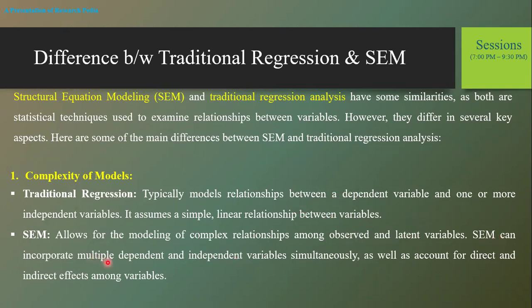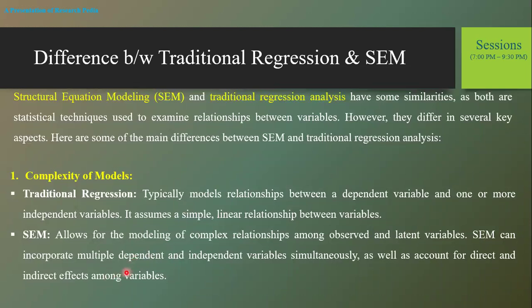SEM can incorporate multiple dependent and independent variables simultaneously, as well as account for direct and indirect effects. In regression, you may be considering one dependent variable at a time. You may be regressing a number of independent variables against one dependent variable at a time. But in SEM, you may consider multiple independent variables with multiple dependent variables at a time, so the relationship becomes complex.